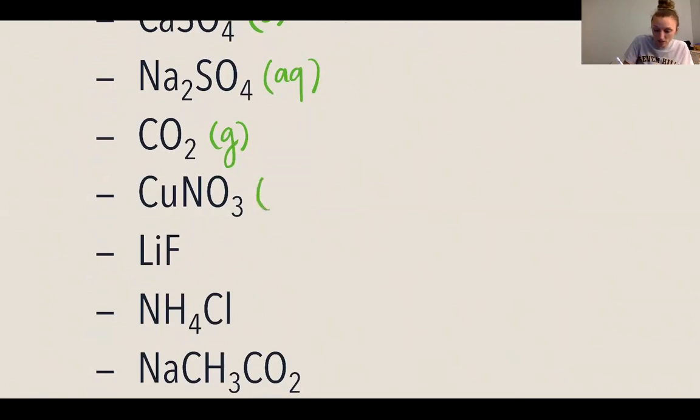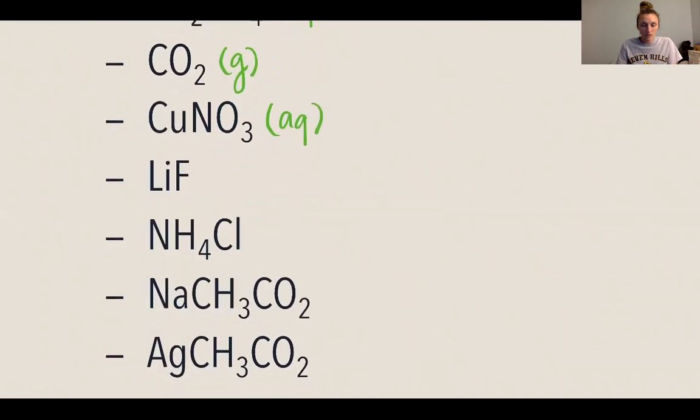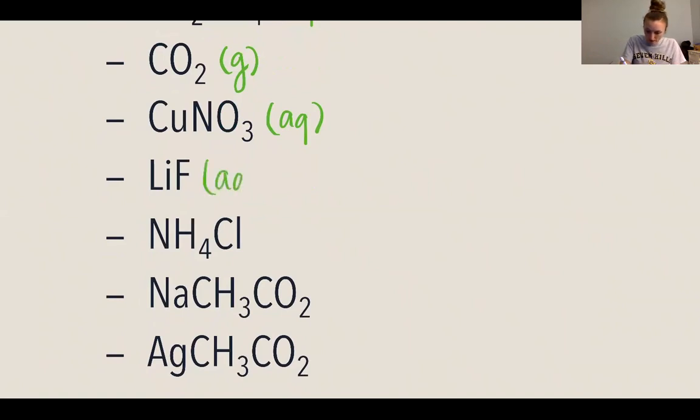Anything combined with nitrate means that you're going to have that substance in a solution, so AQ. LiF, lithium, is an alkali metal, so it doesn't really matter what it's paired up with. It's going to be part of a solution.